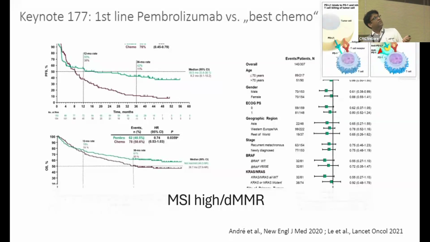And still pembrolizumab was better, okay? Pembrolizumab was better both in terms of progression and overall survival, right? So the disease stayed controlled for longer, and the patients also lived longer finally. Okay, so pembrolizumab is a standard treatment for MSI high colon cancer, right?